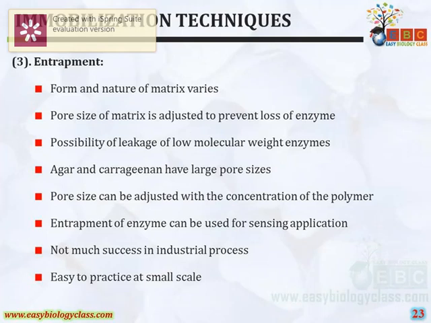Then pore size can be adjusted with the concentration of polymer. If we use more polymer, then the pore size decreases. If you use a low concentration of polymer for the formation of the matrix, then low concentration leads to larger pores.